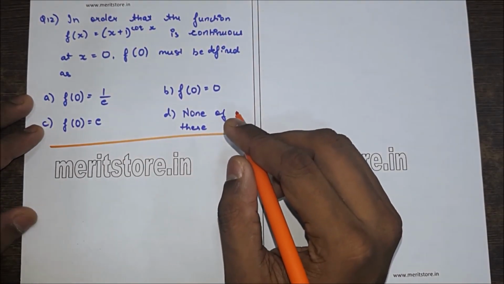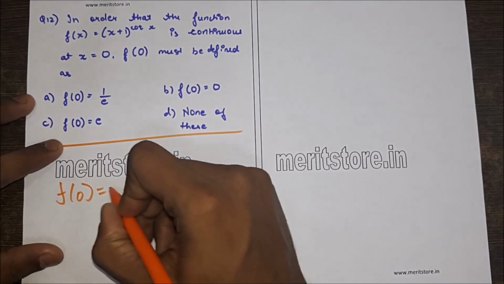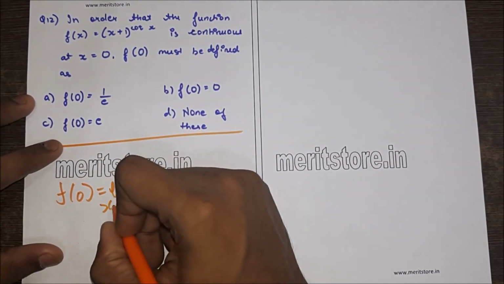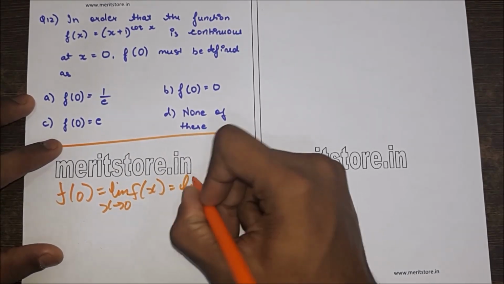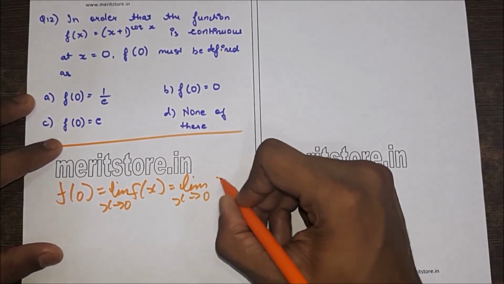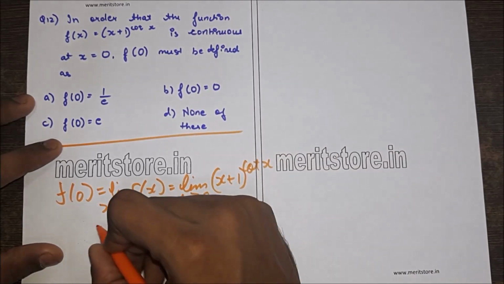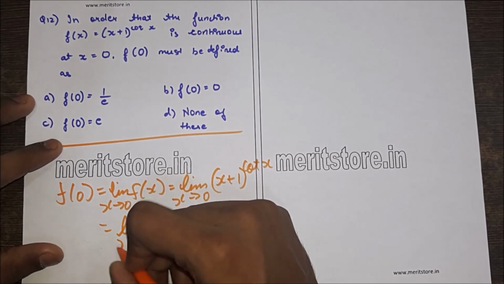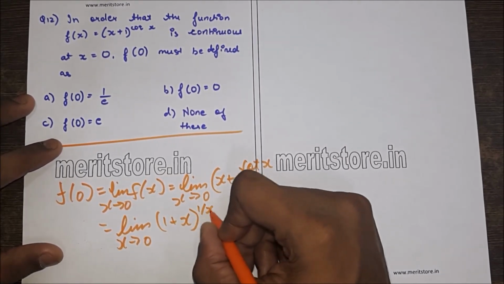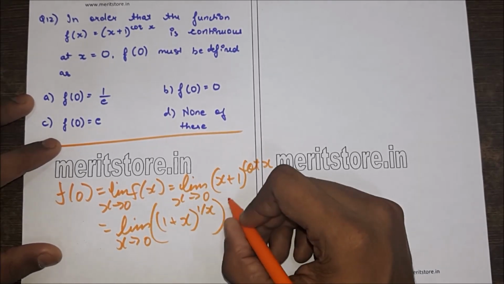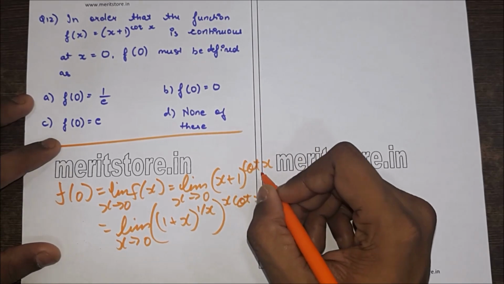So for continuity at x is equal to 0, we must have f of 0 is equal to limit of x tends to 0, f of x, which is equal to limit of x tends to 0, x plus 1 raised to cot x. That gives us limit of x tends to 0, 1 plus x raised to 1 by x, that raised to x cot x.